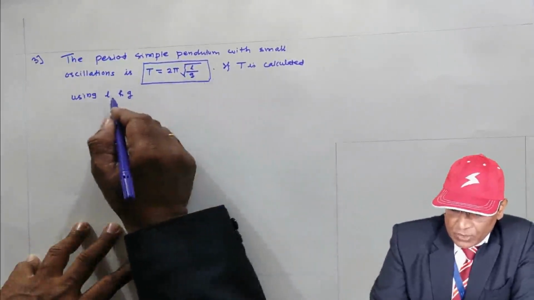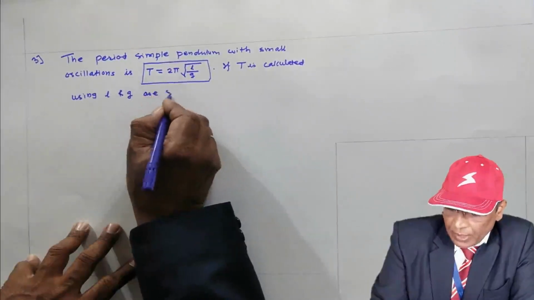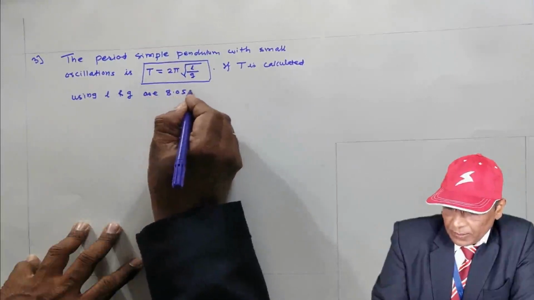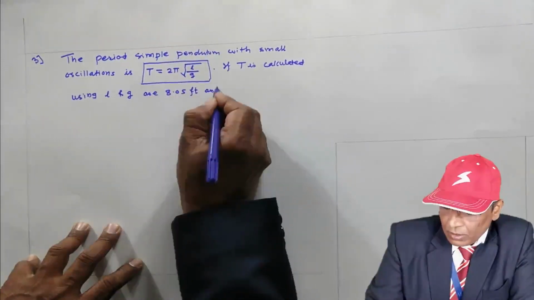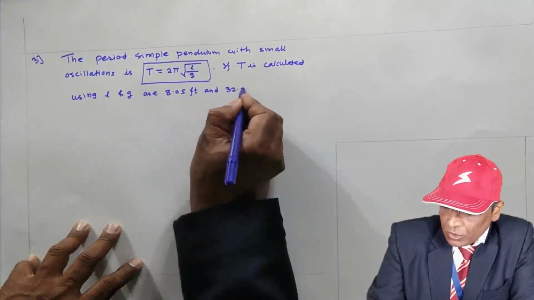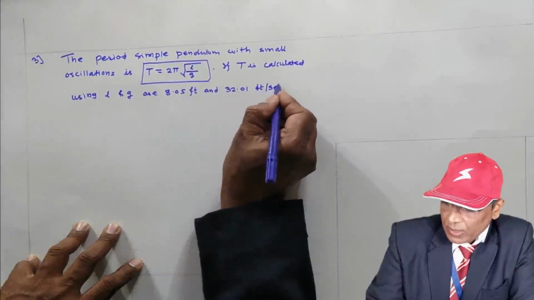If t is calculated using L and G are 8.05 feet and 32.01 feet per second square respectively.